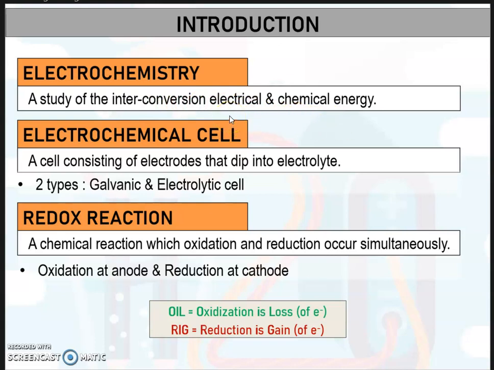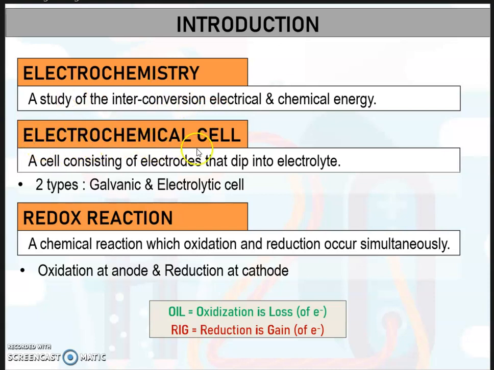In some cells, we use electrical energy to initiate or to let the reaction happen. But in some cells, a chemical reaction can produce electrical energy. So that is electrochemistry.